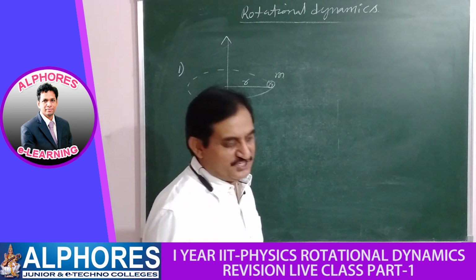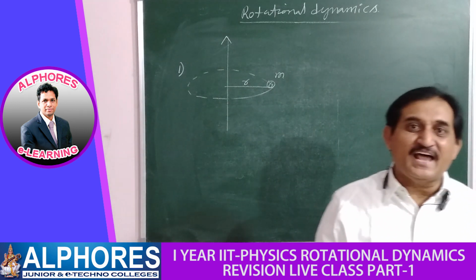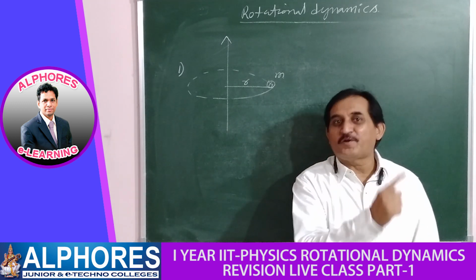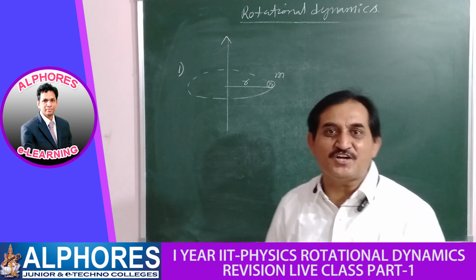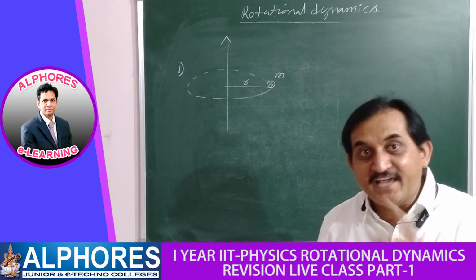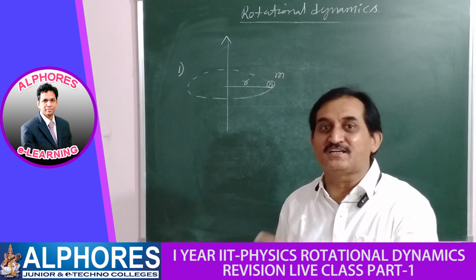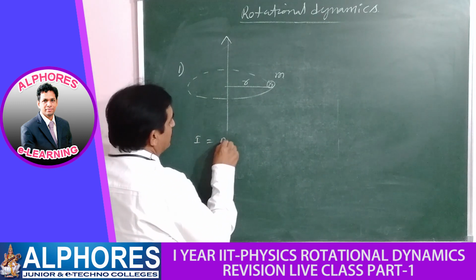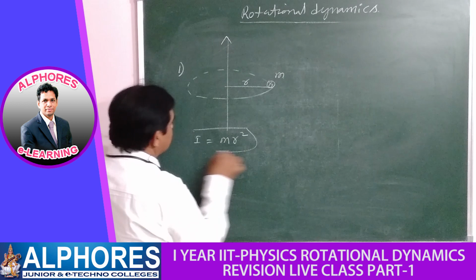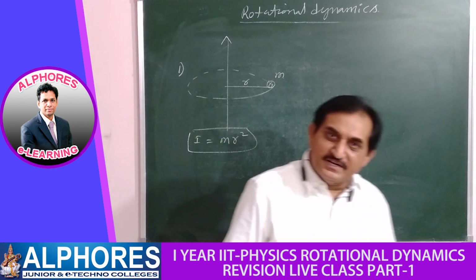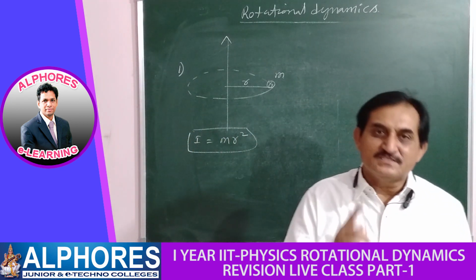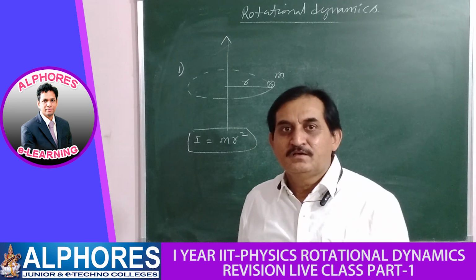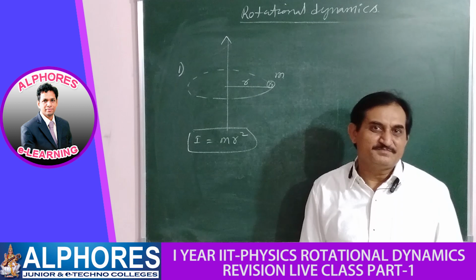Now its moment of inertia: this particle has its inertia property, and this inertia property can be measured by moment of inertia I. Then I can be calculated by using a formula: I is equal to m r square. It is the simplest formula for a particle which is moving in a circular path about a fixed axis.